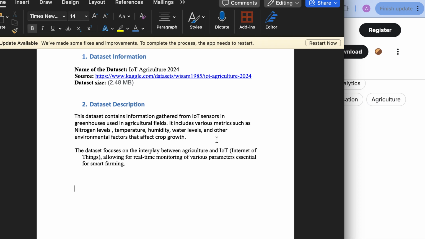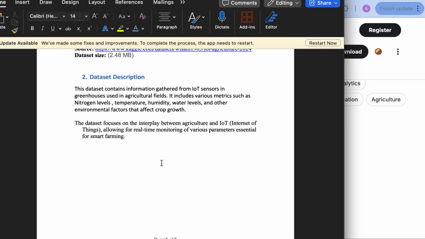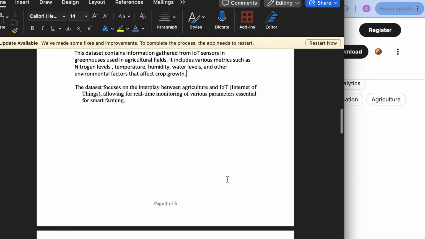It includes various metrics such as nitrogen level, temperature, humidity, water levels, and way more environmental factors that all affect crop growth, which makes it really useful. The dataset focuses on the interplay between agriculture and Internet of Things, allowing for real-time monitoring of various parameters essential for smart farming.